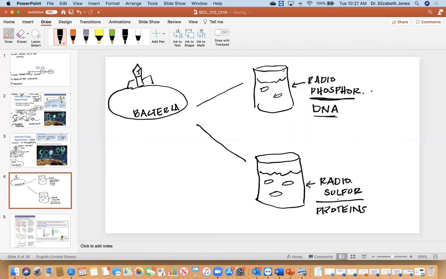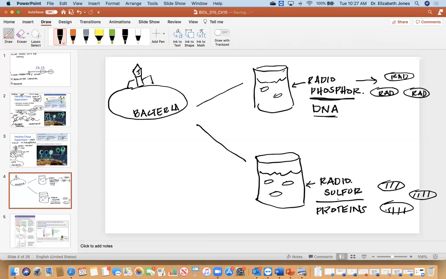So what they then did was they let this go on and they examined the resulting E. coli to look for where the radioactivity might be. And what they found was that there was radioactivity inside E. coli cells from this treatment, but there was not any radioactivity inside cells from this treatment.